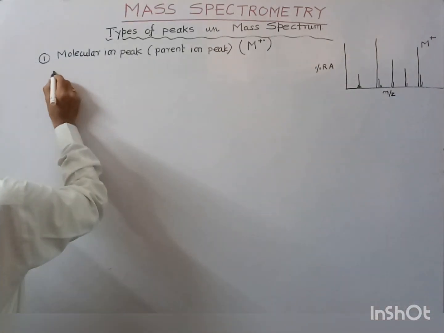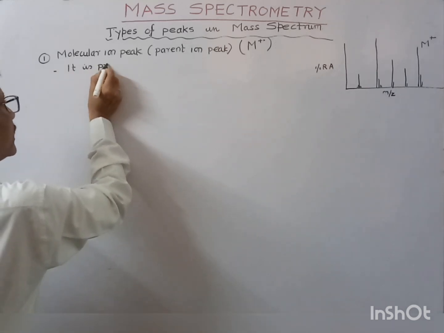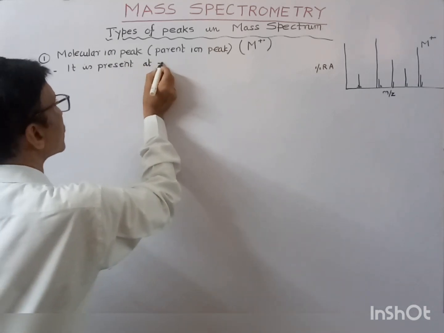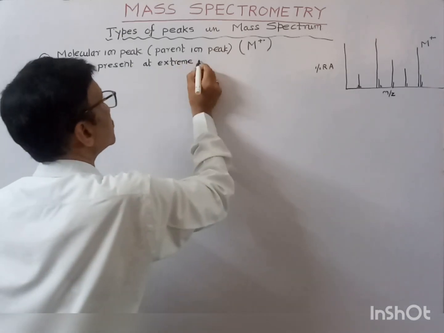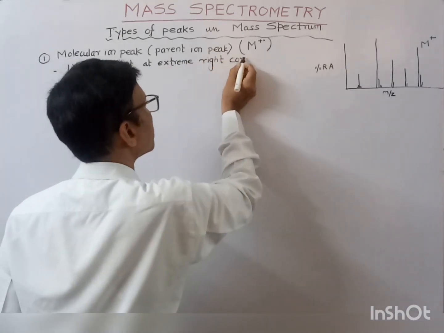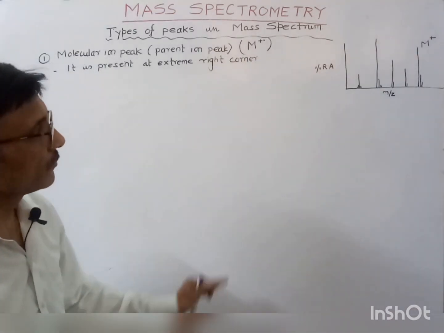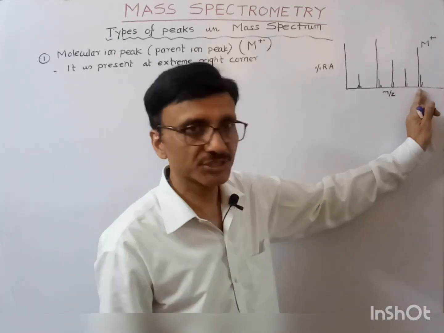So we can write it is present at the extreme right corner in any mass spectrum. Now, I have drawn some more small peaks at the extreme right corner.